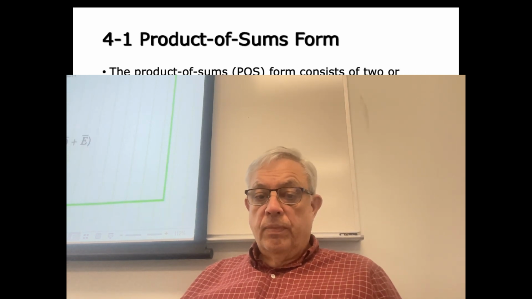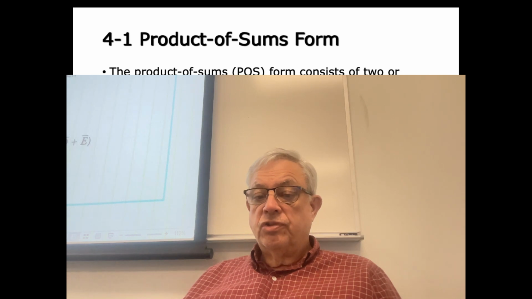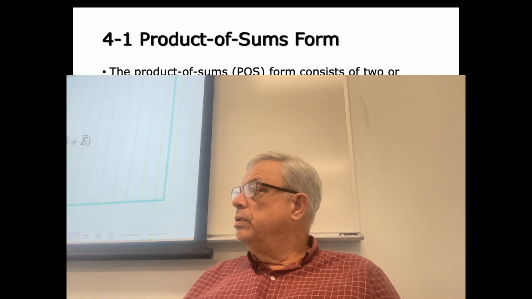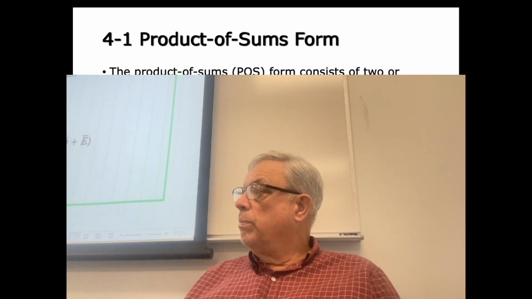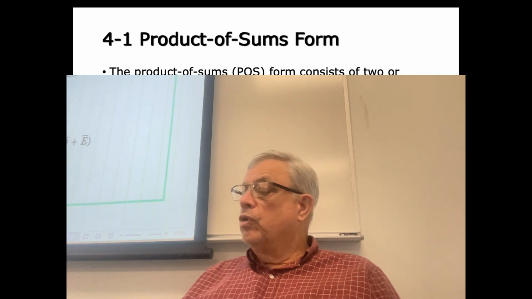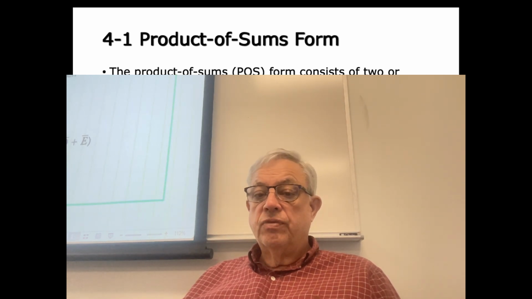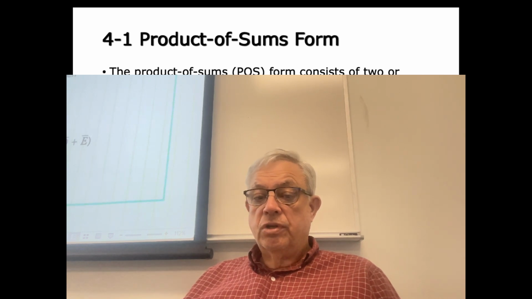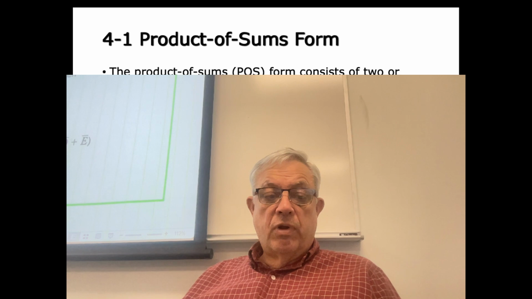The other form is the product of sums. You could multiply this through using the distributive law, and by multiplying it through, you've just converted it to a sum of products. So I'm not going to do anything with the product of sums form.